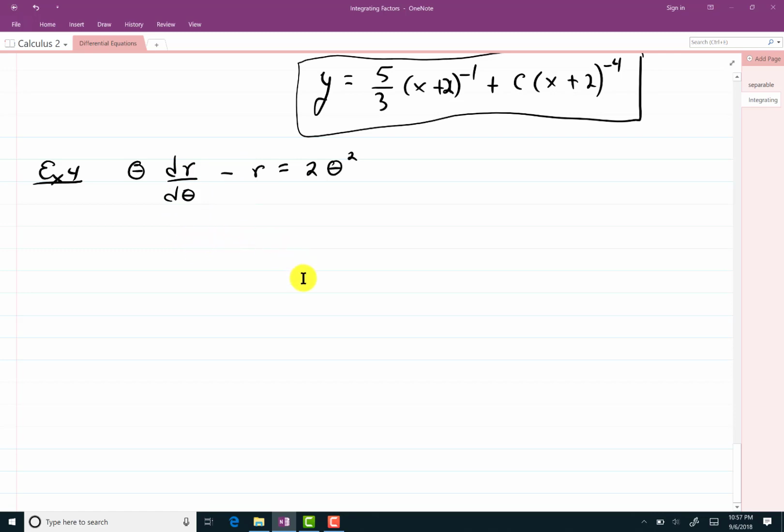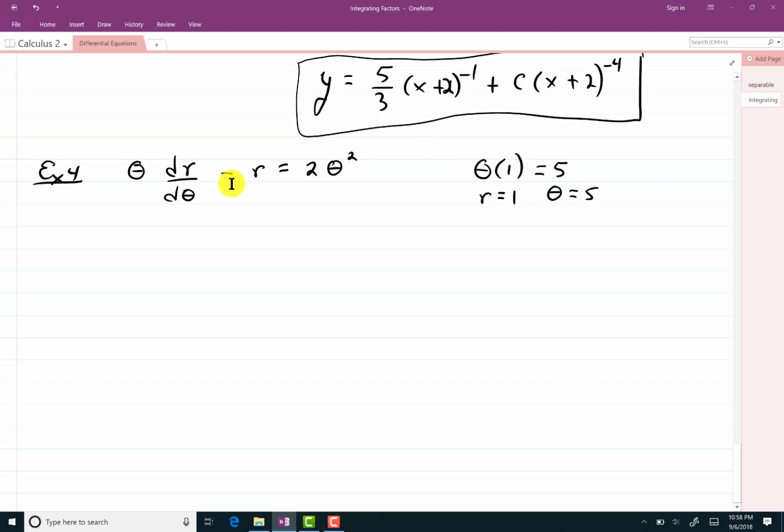And we're also given this: r of 1 equals 5. So apparently the r values are a function of theta values as well. What this means is that when theta equals 1, r equals 5. We'll use that at some point to eliminate the constant.